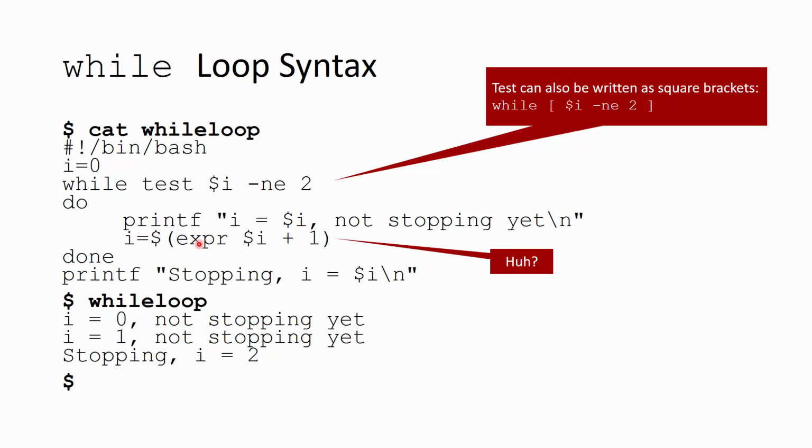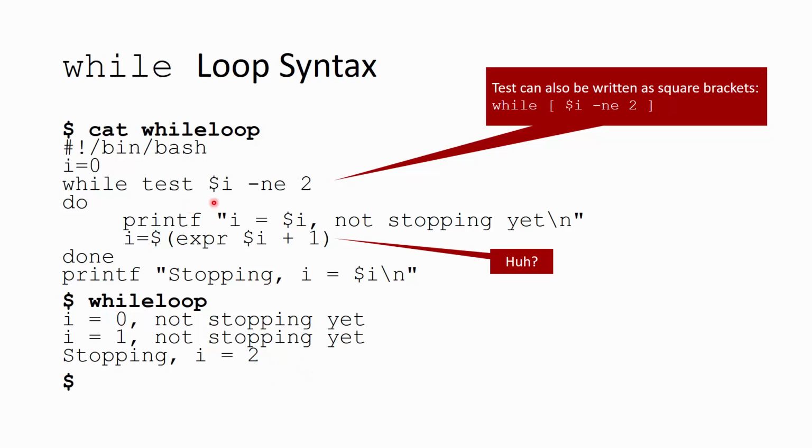So this loop keeps running, each time adding 1 onto I until this I variable becomes equal to 2. And now, is 2 not equal to 2? No, they are in fact equal, so this whole thing returns non-zero, so the while loop fails, drops out, and then we get the printf line stopping I is equal to whatever it is, new line. So the results, of course, are I goes from 0 to 1 to 2 when we see the final stop.